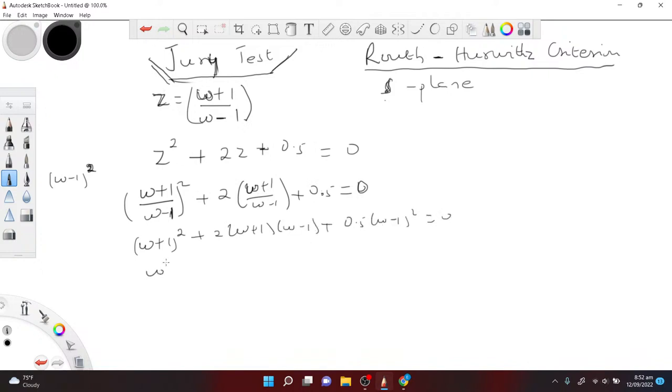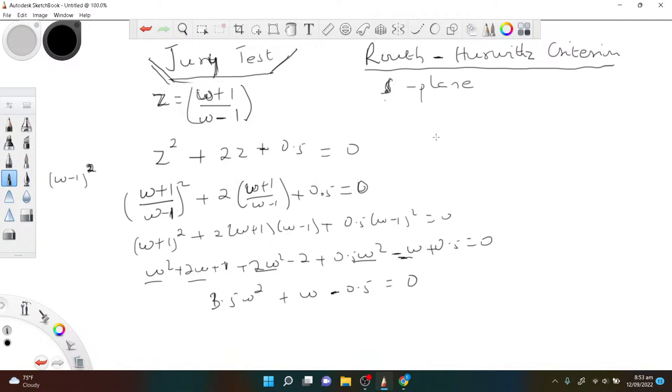Then by expanding, you get 1.5 omega squared plus omega minus 0.5 equals 0. When you are doing your work, you do it carefully.